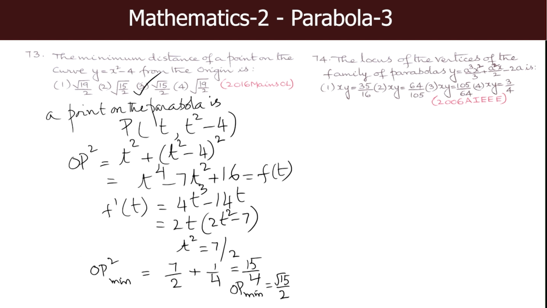The locus of the vertices of the family of parabolas y equal to a cubed x square by 2 minus a square x by 2 minus 2a. You see here the parameter is a. As a changes, the parabola also changes.